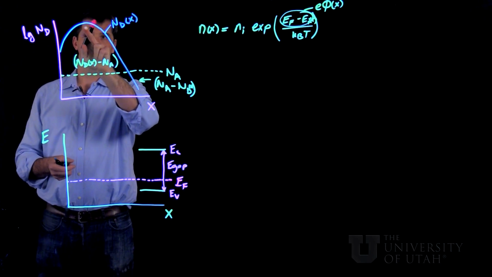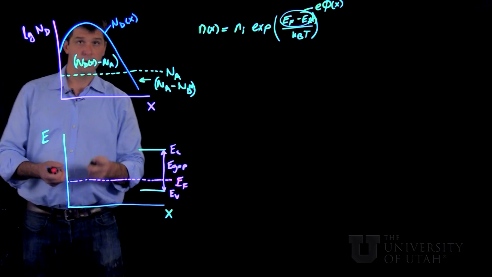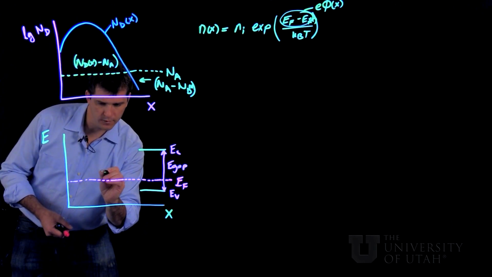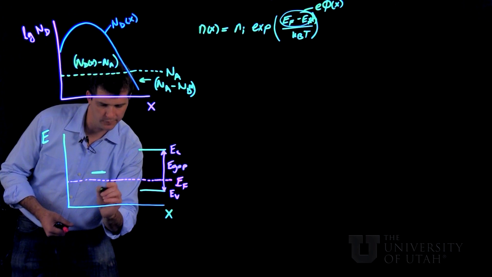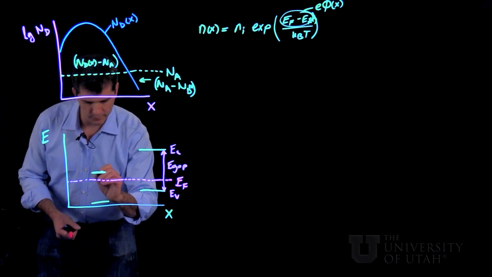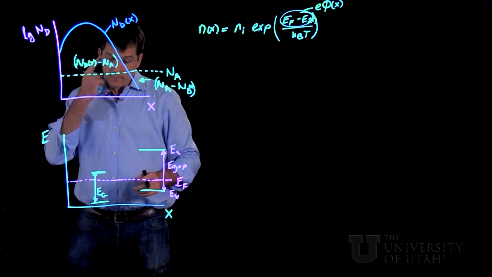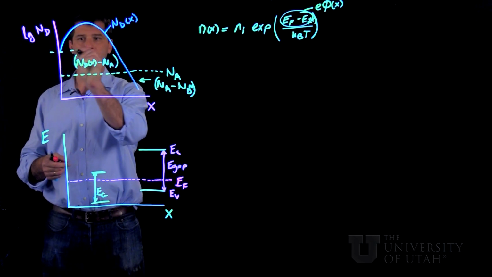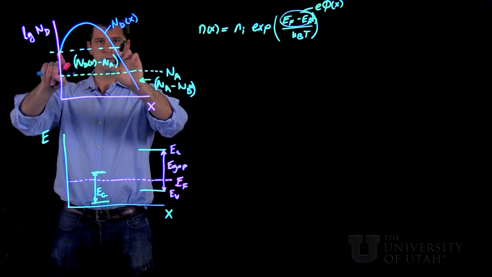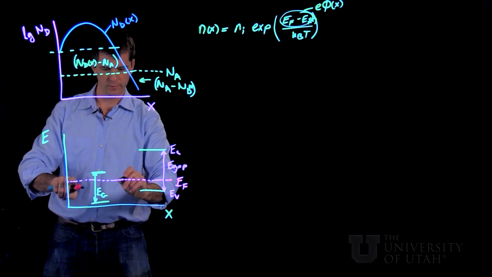So at the peak of this distribution of donors, what's going to happen is the Fermi level has to be closer to the conduction band edge. So I'm just going to draw a little section of semiconductor here to represent this region. And this is the same E gap. And then we have to have equal positions of the conduction band edge at these two positions, so approximately at the surface and approximately here.